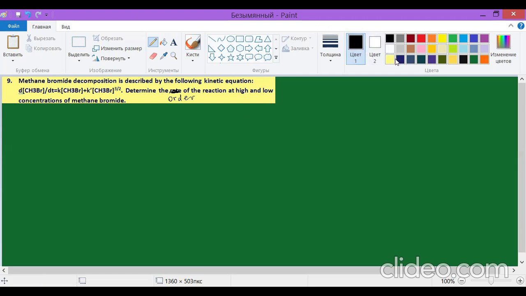Let's do that. Let me rewrite it. So d of CH3Br over dt is equal to K times the concentration of the substance plus K prime times the concentration of the same substance, but raised to 3 halves.